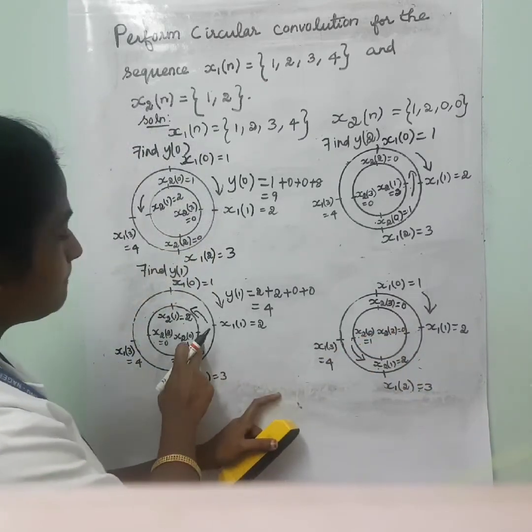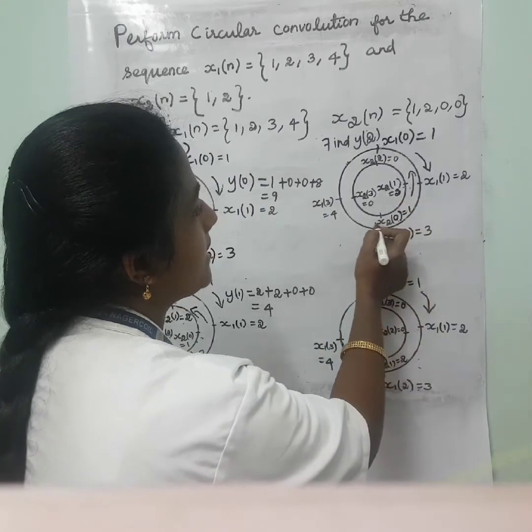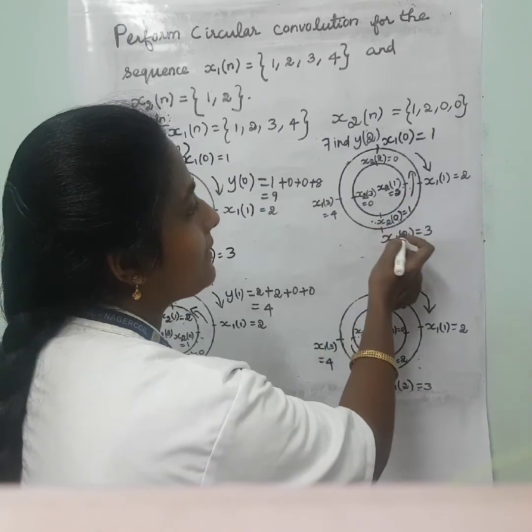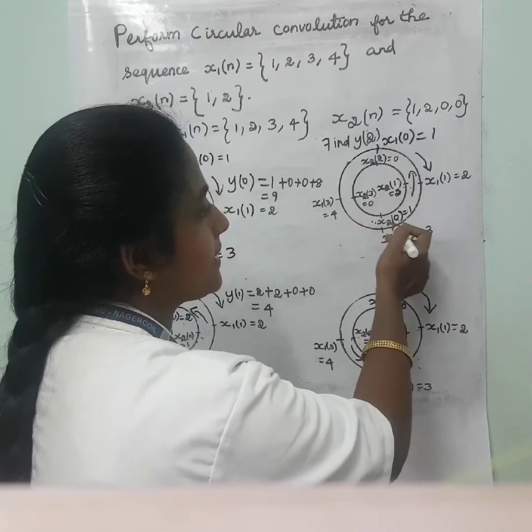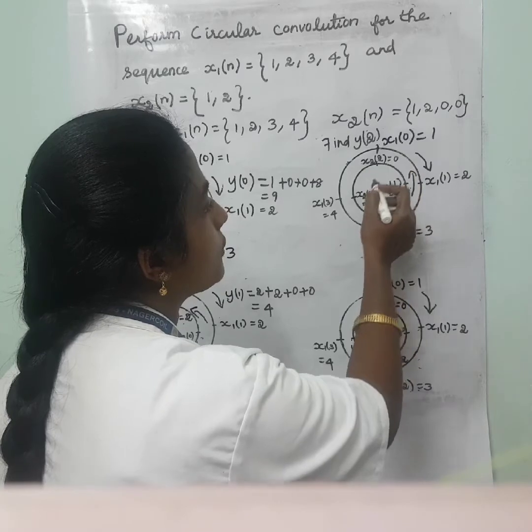Already it is here. Now when you shift one step forward, you will get here, and then the other values should be plotted in anti-clockwise direction. So you will get x2 of 0, x2 of 1, x2 of 2, x2 of 3.